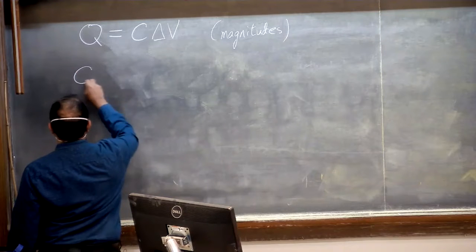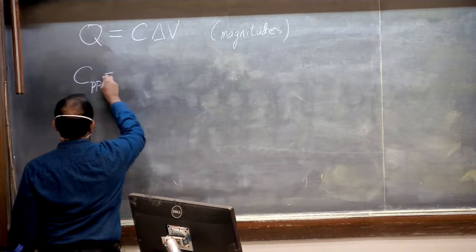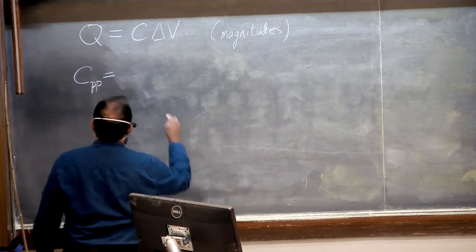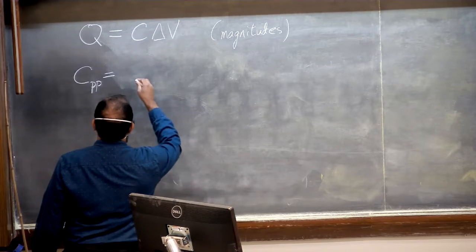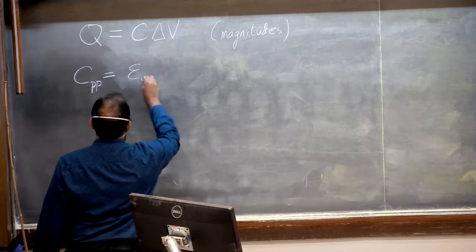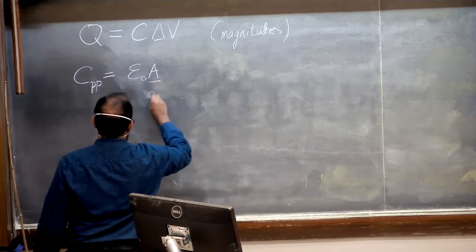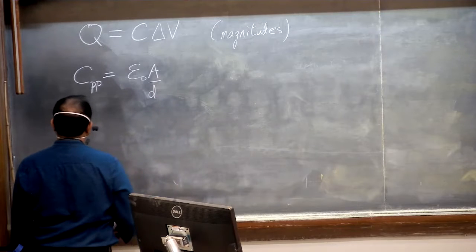We learned that for a parallel plate capacitor, we have epsilon naught A over D as capacitance.